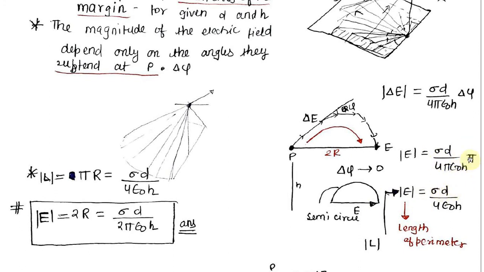It will sum up to pi, and you will get sigma d upon 4 epsilon naught h. This is the length of the perimeter. So now we have E as the diameter, and this is the perimeter. So L is equal to pi r, and pi r is equal to sigma d upon 4 epsilon naught h. Now the magnitude of the electric field is 2r, because it's the diameter. So we'll get sigma d upon 2 pi epsilon naught h, and this is the answer.